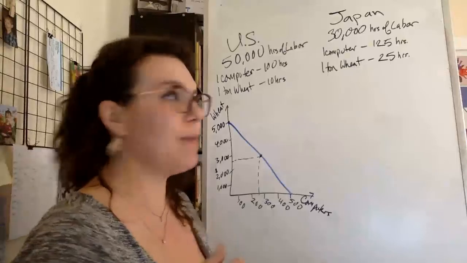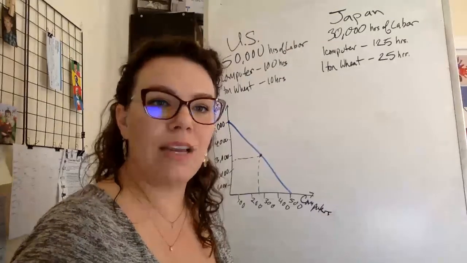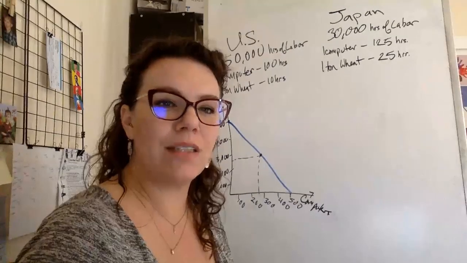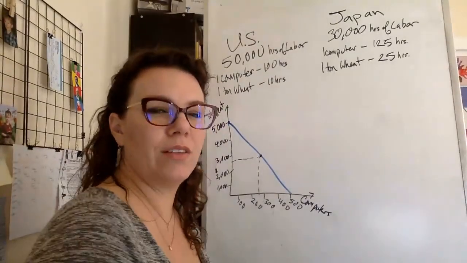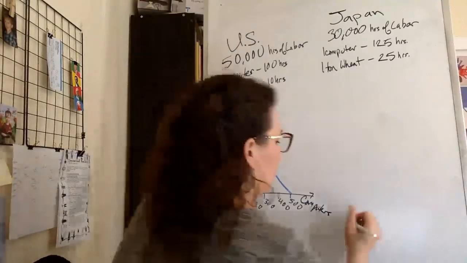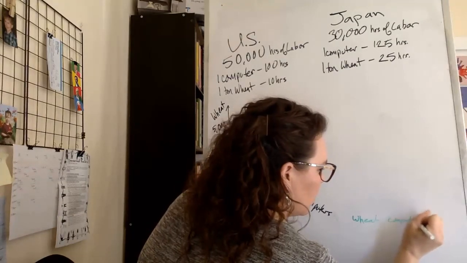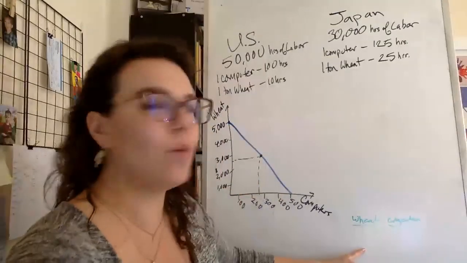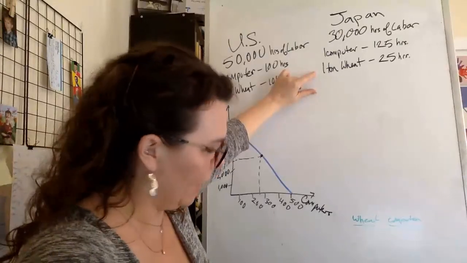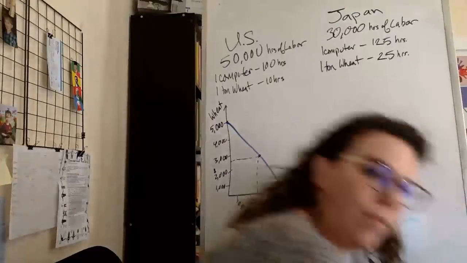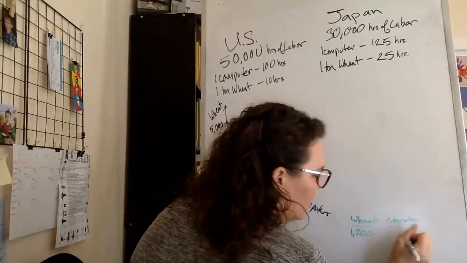So we can go through that same process and say, okay, if we were Japan, and we wanted to break down their labor to see what they could produce in any given amount of time, we could calculate that by saying, okay, well, 30,000 hours of labor divided by 25 hours per ton of wheat gives us a total of 1,200 tons of wheat and 0 computers.